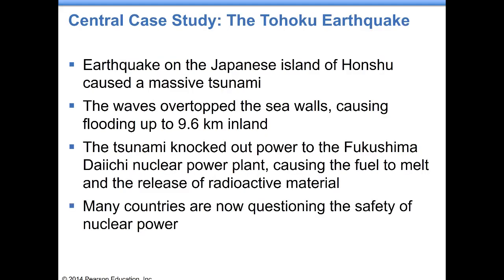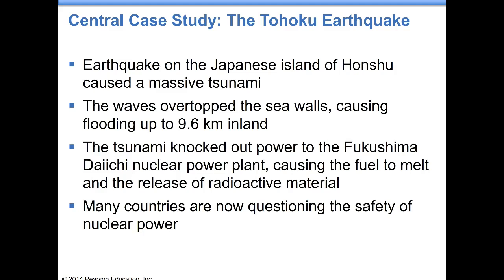All right, so your central case study takes us to Japan, the island of Honshu. And that's where there was an earthquake, the Tohoku earthquake, and it caused a massive tsunami to occur. The waves of this tsunami went over any of the barriers, the seawalls that were there to protect the island. It caused flooding, and that flooding went up to 9.6 kilometers inland, so that's quite a distance inland.